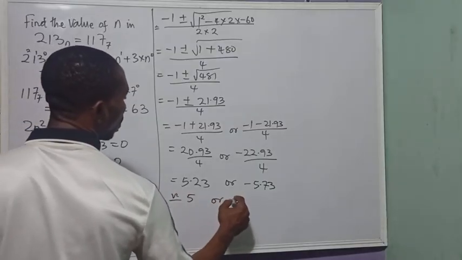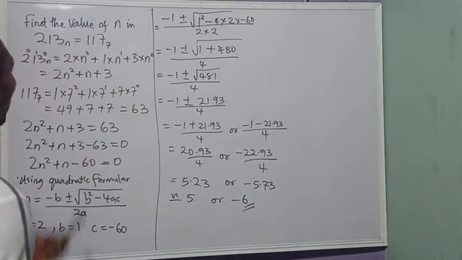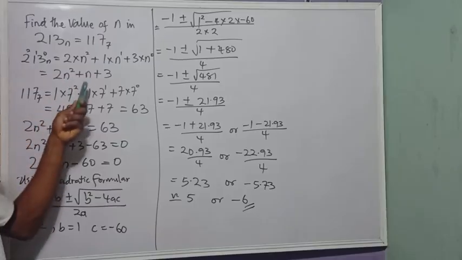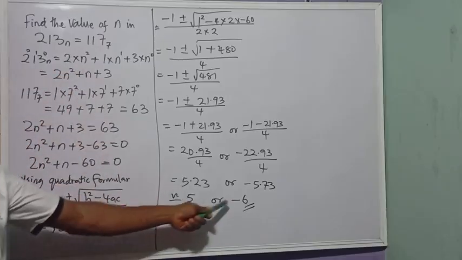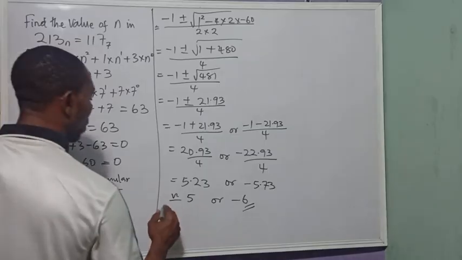But since the value of n, since our base cannot be negative, the right answer would be 5.